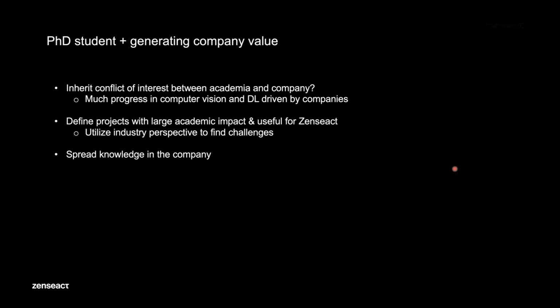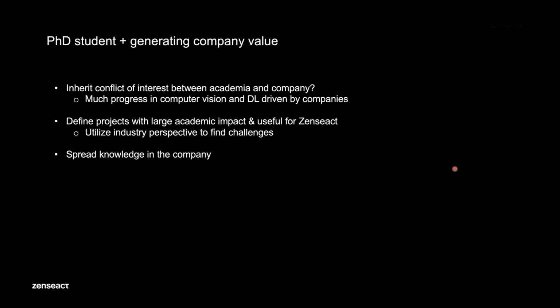So, some thoughts about how to be an industrial PhD student. Different from academia, you also have to think about what value you bring to the company. And usually people might think there are some inherent conflicts between academia, where as a PhD student I mainly care about writing papers and getting my defense done, compared to a company that wants to work on other things.